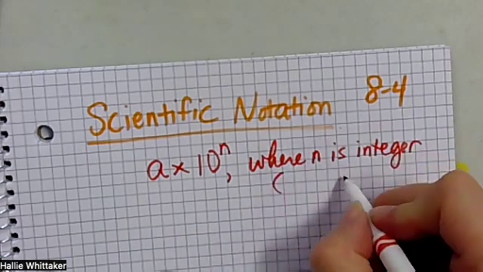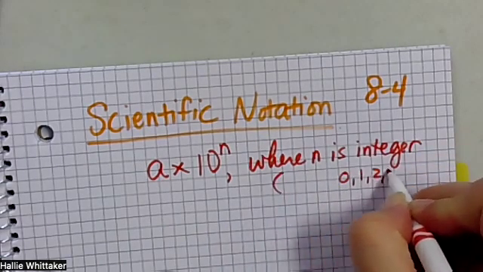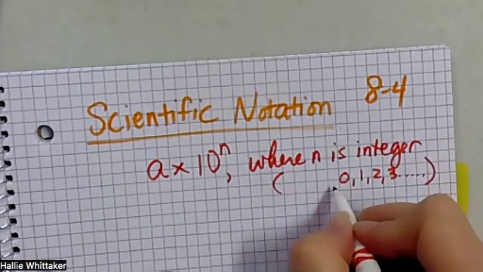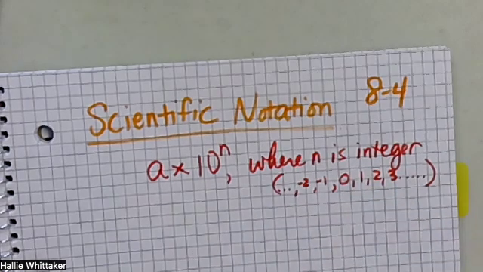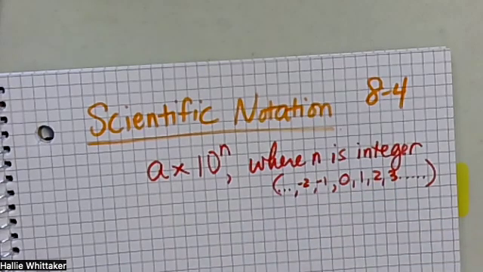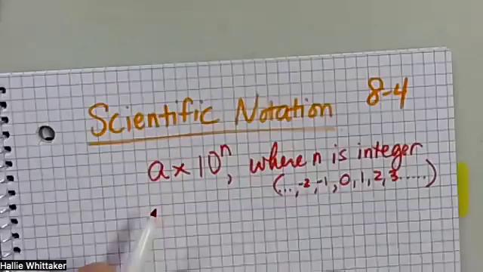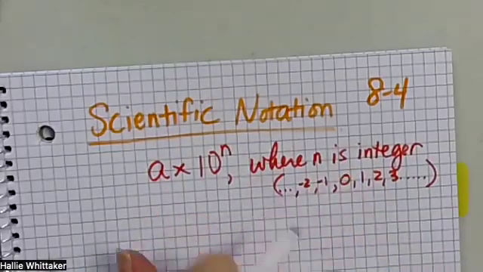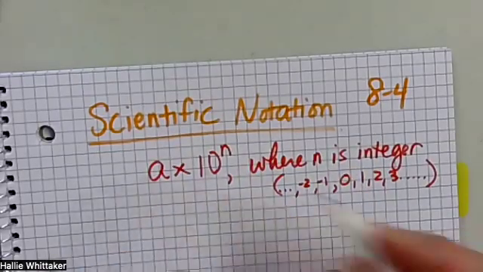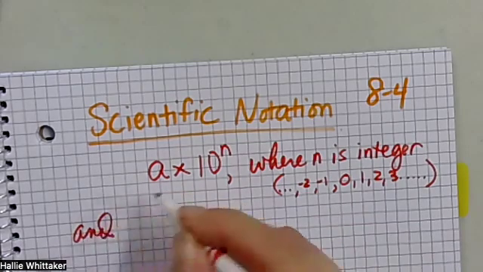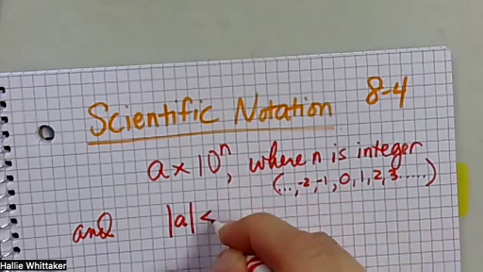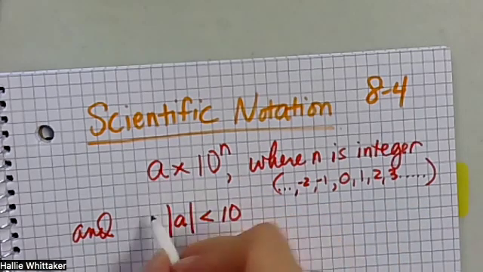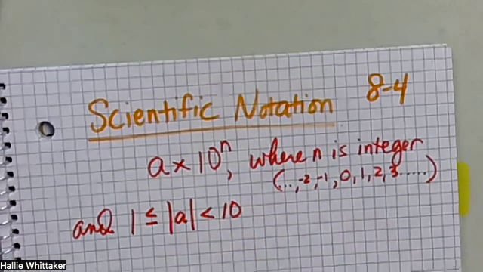An integer is like the whole numbers, 0, 1, 2, 3, so on and so forth, and their opposites, -1, -2, etc. So basically, no decimals in this, no fractions. You want whole numbers and their opposites. Okay, and the absolute value of a must be less than 10, but greater than or equal to 1.